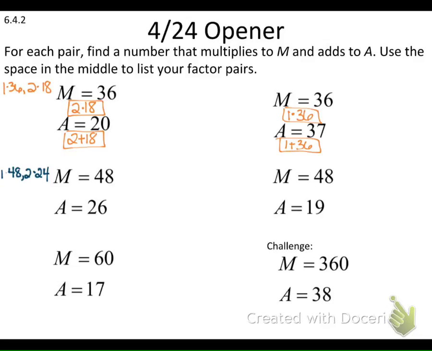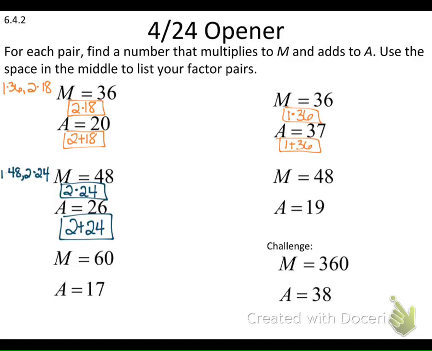All right, do we have something that equals 26 here? Yes. Very good. So I have 2 times 24 is going to equal 48. I have 2 plus 24 is going to equal 26.